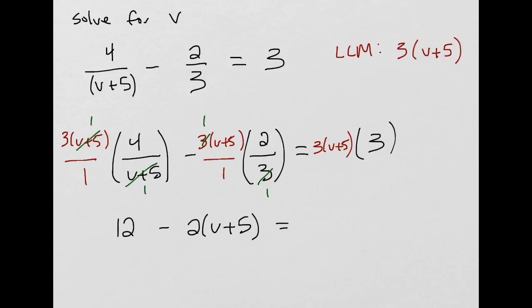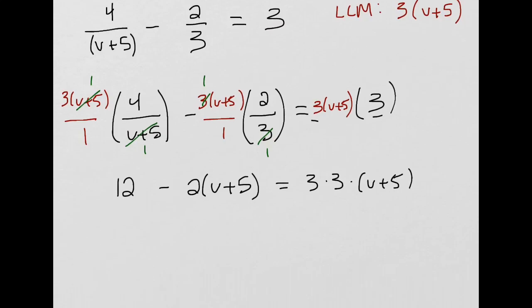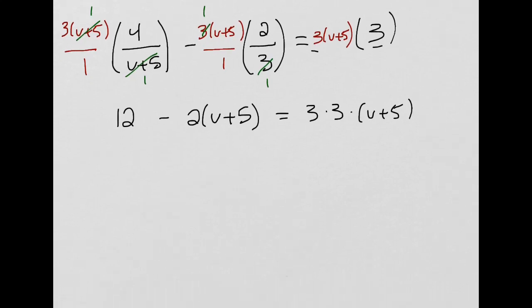And then on the other side, I've got 3 times v plus 5 times 3. Well, what I'm going to do is just rewrite this side so that the 3's are next to each other, and then the v plus 5 is in the back. I can do that because multiplication is commutative. It means I can switch my terms around.